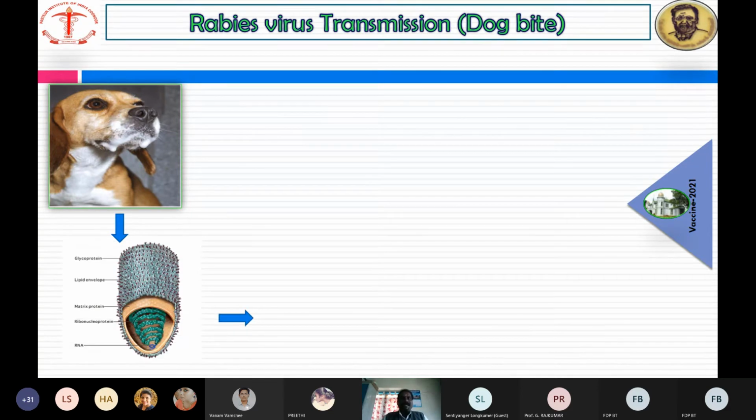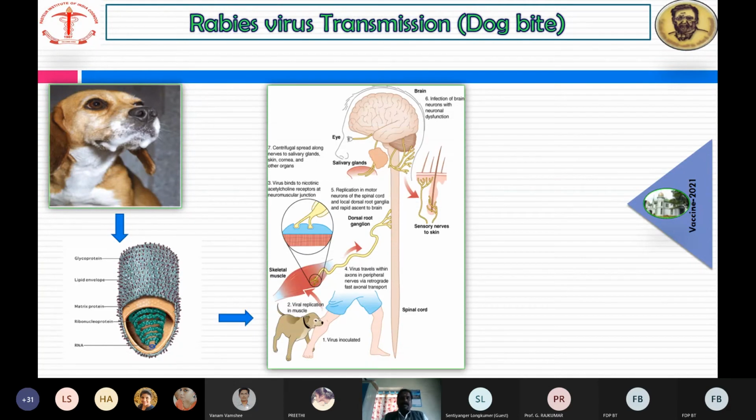What does it contain? The rabies virus is bullet-shaped. It contains five different structural proteins: G protein, L protein, M protein, P protein, and nucleoprotein. The different structural proteins play a vital role in attachment, multiplication, and propagation.